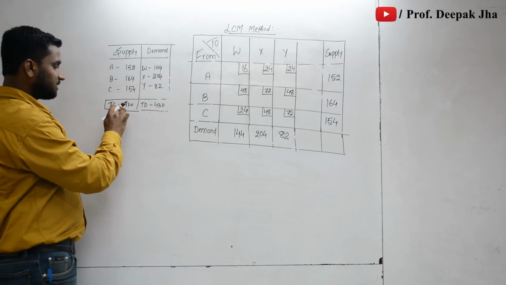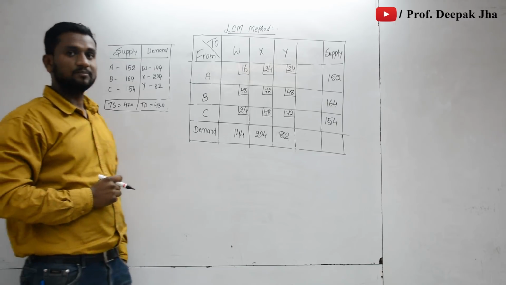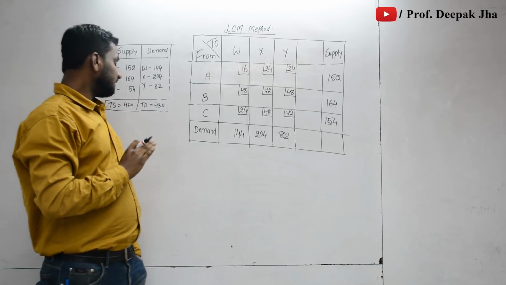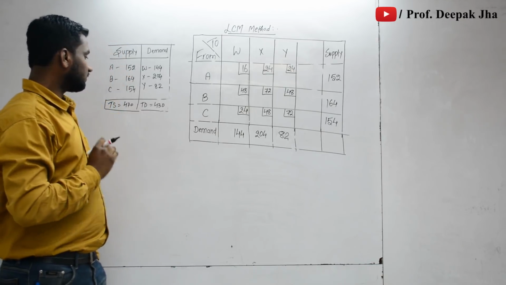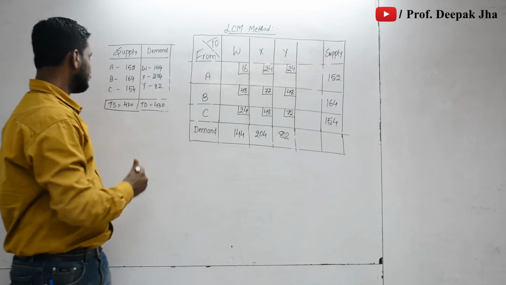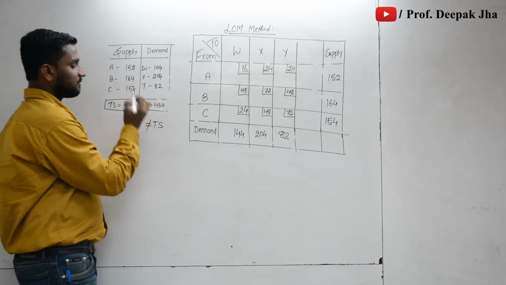So the total supply is 470, whereas the total demand is only 430. This means the entire demand can be satisfied, but there would still be 40 units left. So the problem is not balanced, because total demand is not equal to total supply.